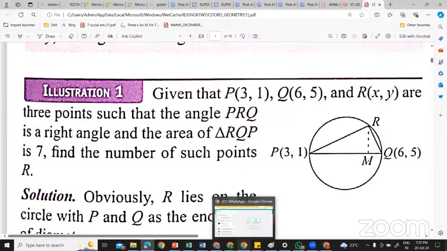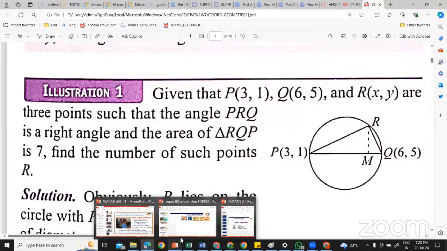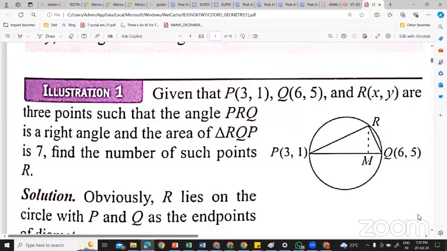Dear students, sir has shared the screen. This is the question. And meanwhile, they already gave you the diagram.